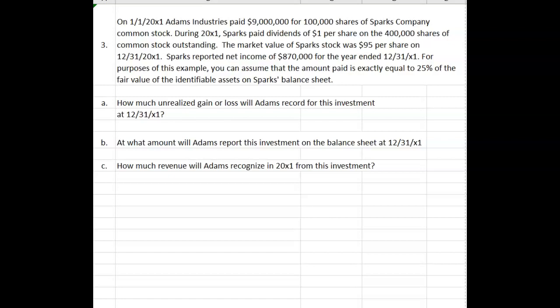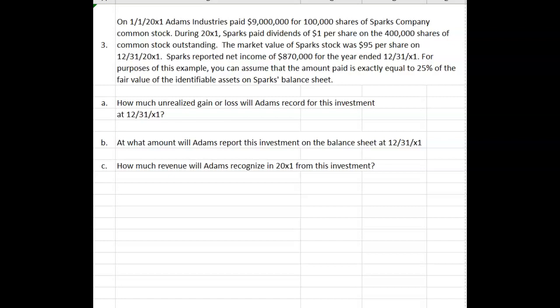The market value of Sparks stock was $95 per share on 12/31/X1. Sparks reported net income of $870,000 for the year ended 12/31/X1. For purposes of this example, you can assume that the amount paid is exactly equal to 25% of the fair value of the identifiable net assets on Sparks' balance sheet.